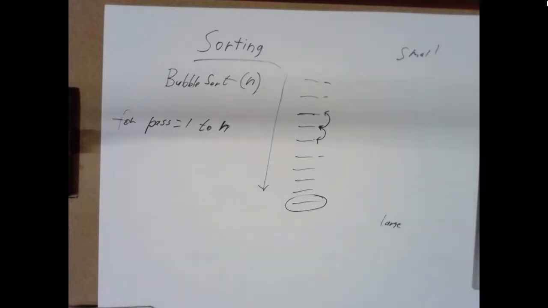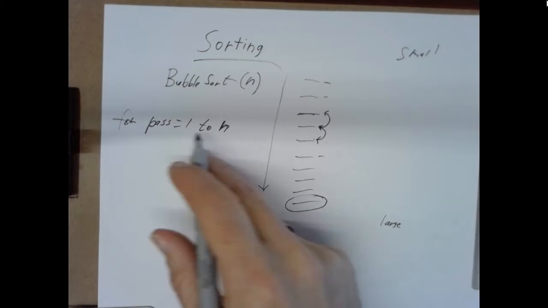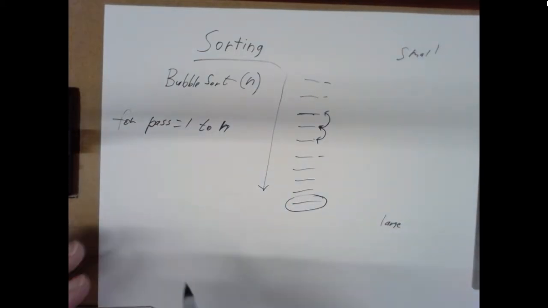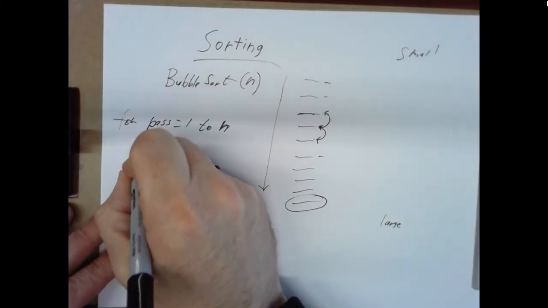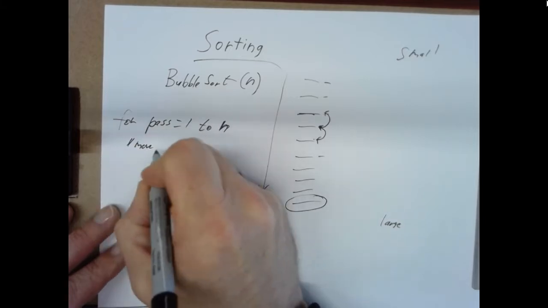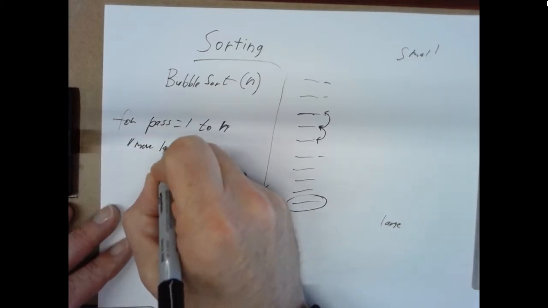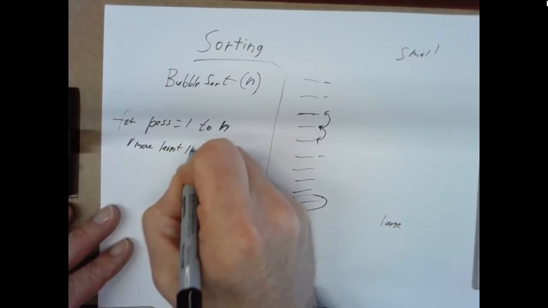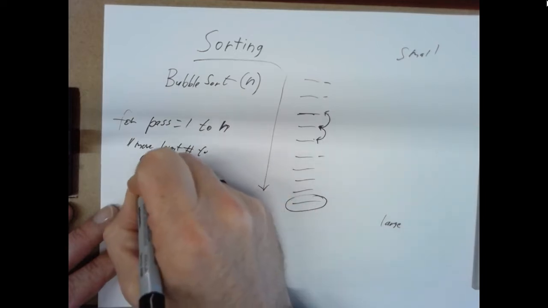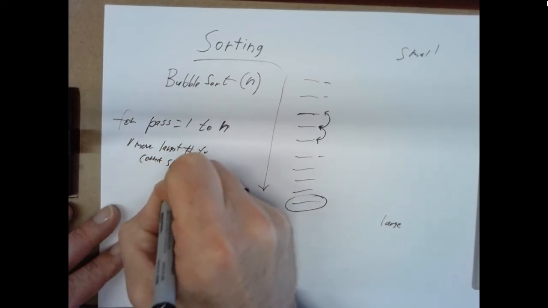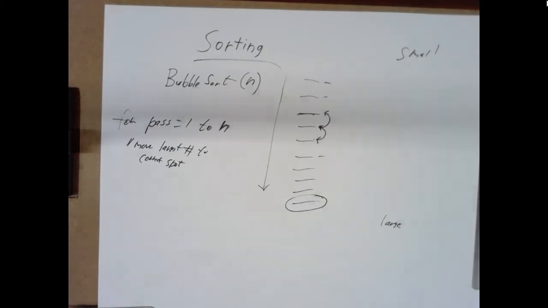We have n numbers, we're going to have to do this n times worst case. So we can just go for pass equals 1 to n, and inside here, move largest number to correct spot. Right, the remaining largest number that we haven't already moved to the correct spot.